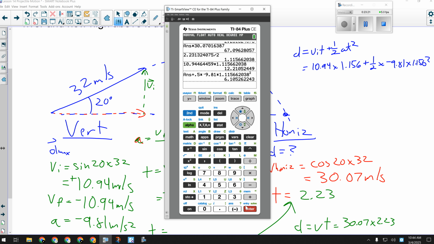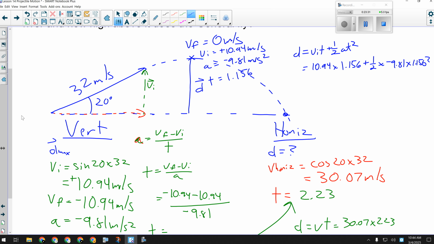I'm going to get that the maximum height reached by the car is 6.1 meters. We have two significant digits there. Okay, that's one of two equally valid ways to solve that problem.